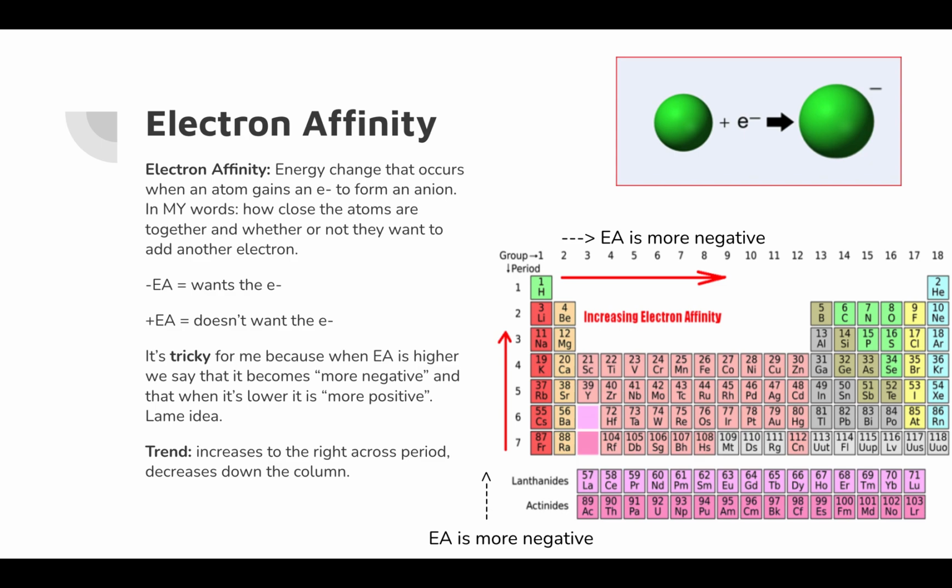What's confusing about that is that when it says it increases, it means electron affinity is more negative. So it wants to add an electron more, but we're still saying it increases. I think that's a bit of a messy explanation, I apologize. But if you just remember the trend for this, you're golden.